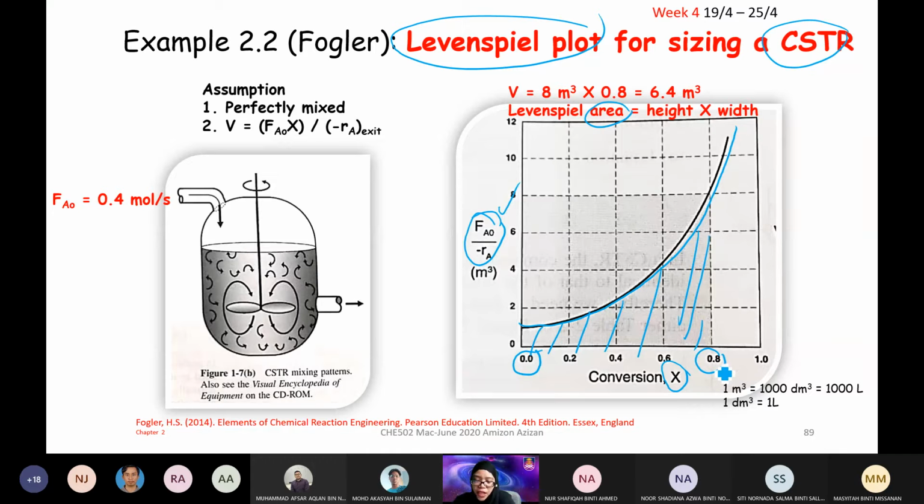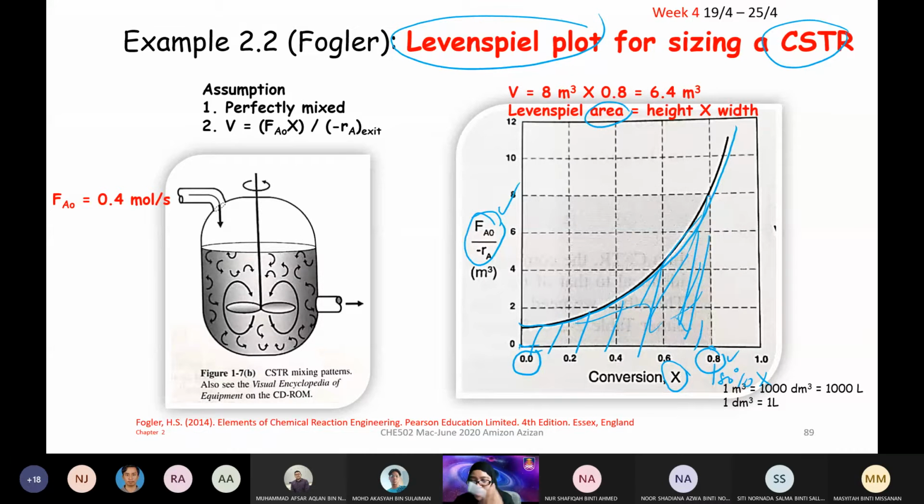So this 0.8 is 80% conversion. From the initial limit to the maximum limit of 80%, the shaded area under the curve is the integral form, mathematically defined by the integration.